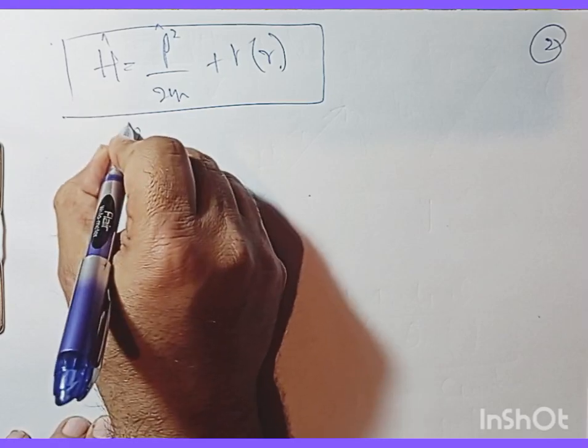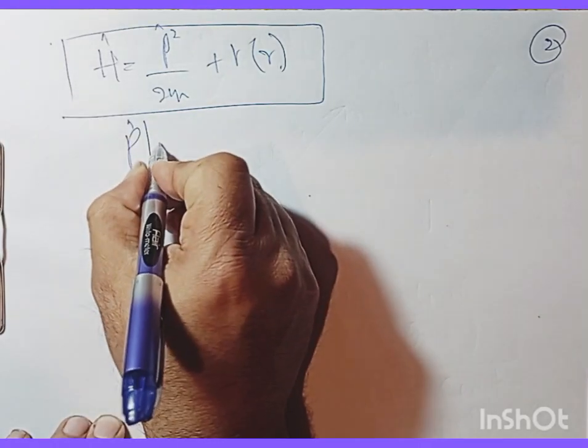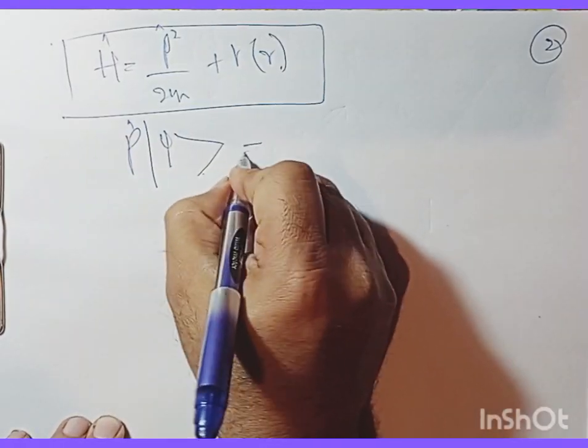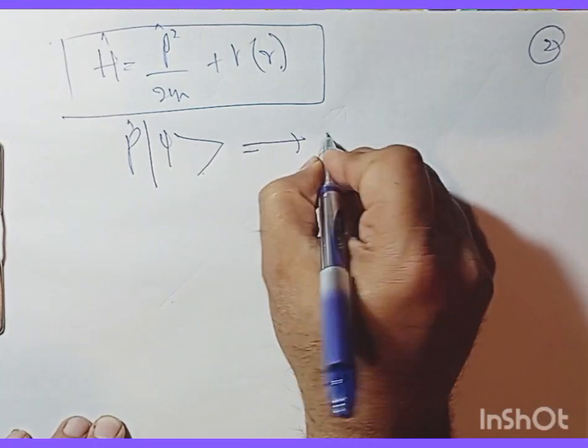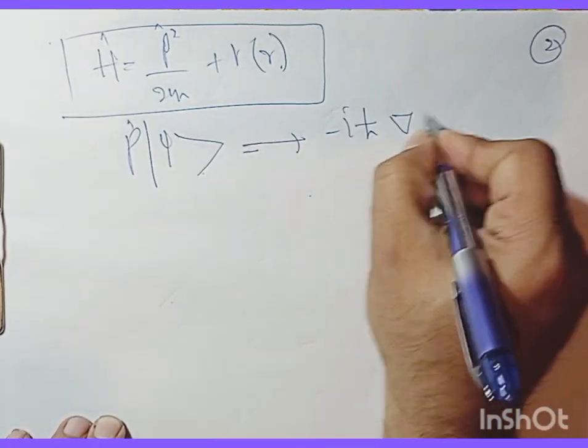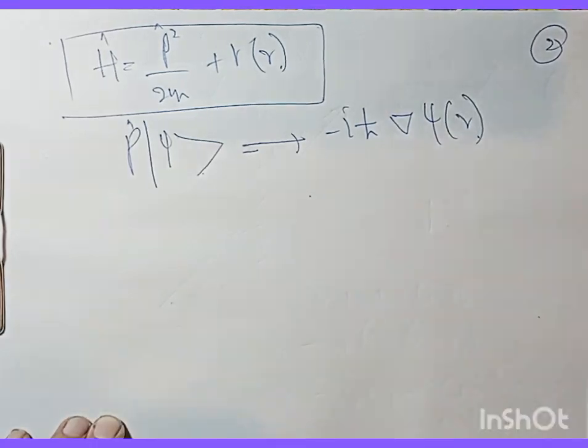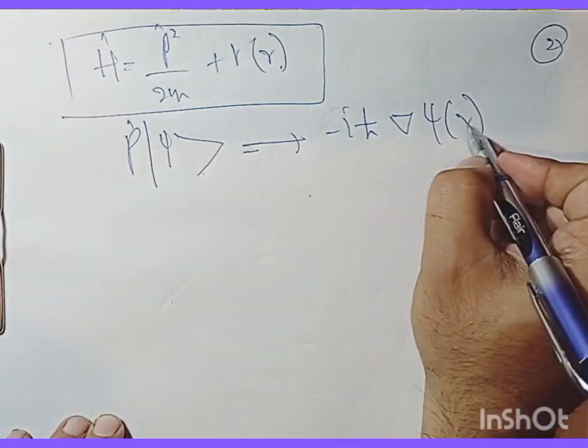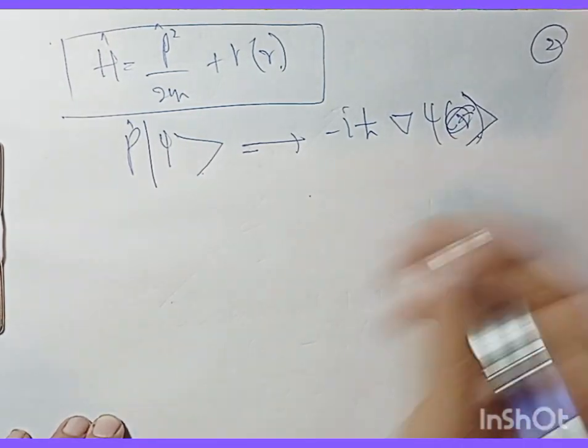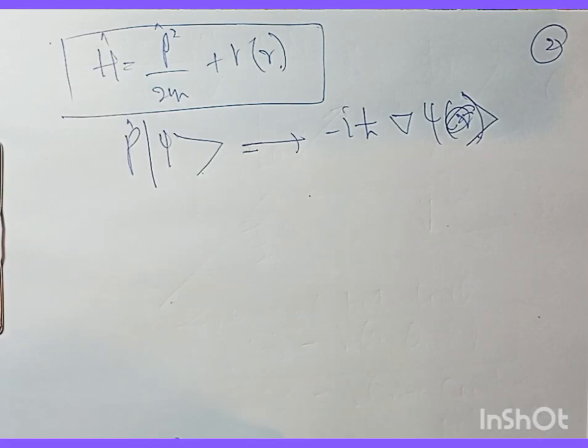And if I operate this momentum operator on some state vector, the ket psi, this gives minus i h cross del of psi of r.